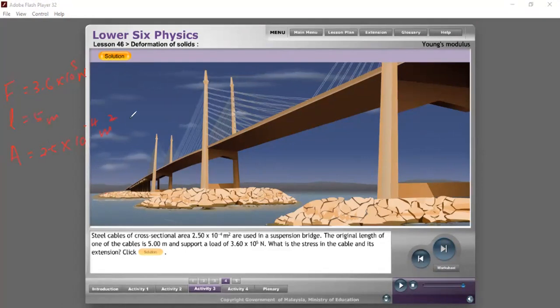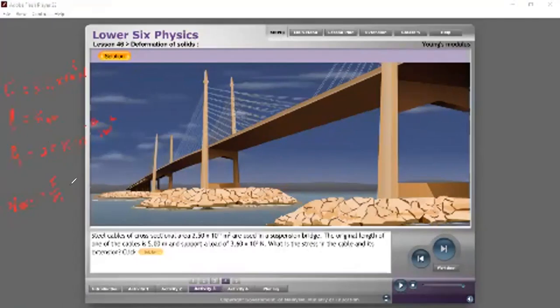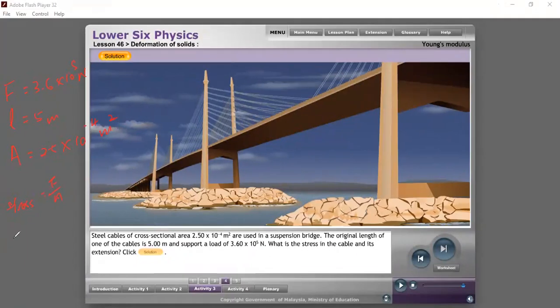Okay, so from here, they ask what is the stress? Stress is equal to F over A. And we need to find the extension. If we wish to find the extension, we use F equal to Kx.